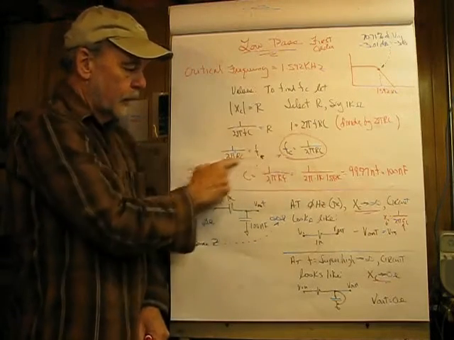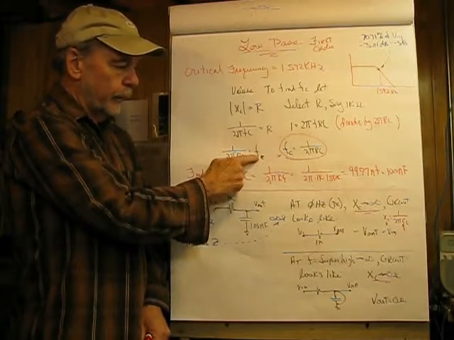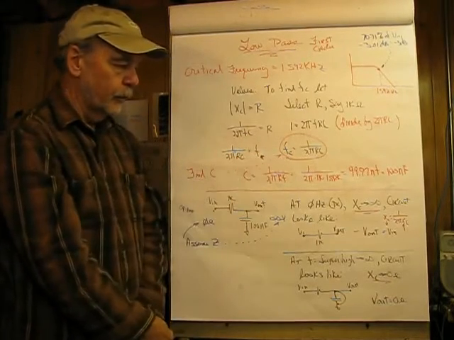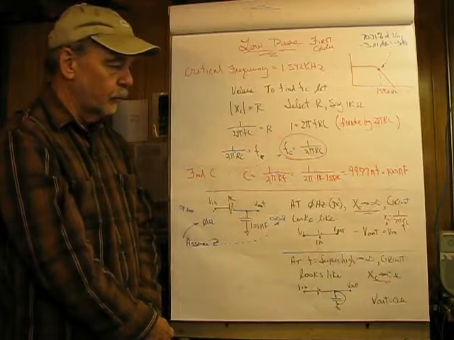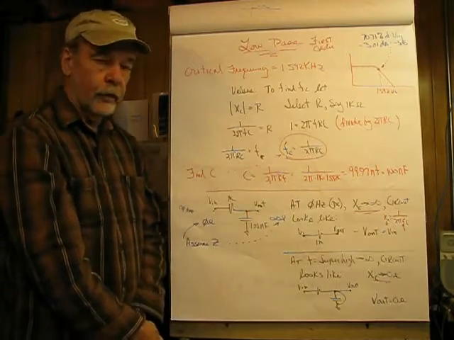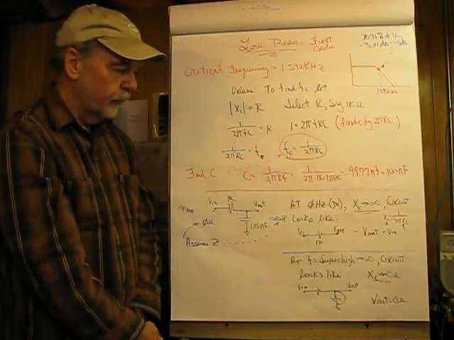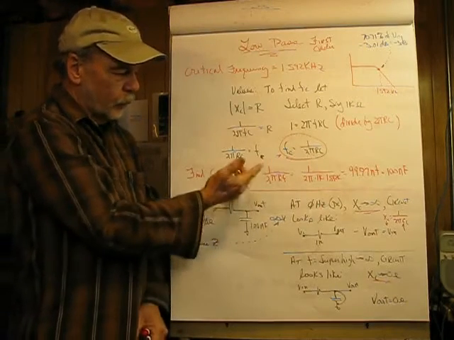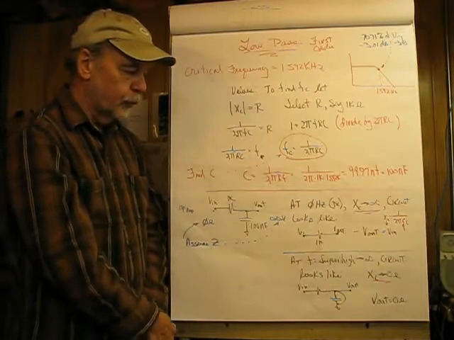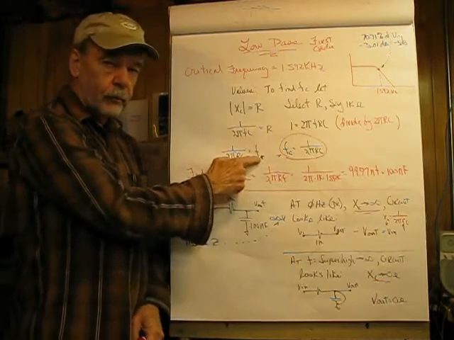So wiggling this around here, we end up with our F critical, and in putting that into context with the critical frequency on the left side of the equal sign, it equals 1 over 2 pi RC, which should be somewhat familiar. Now, throughout this, we're going to be using the critical frequency, and in addition, we're going to be using F sub 0.